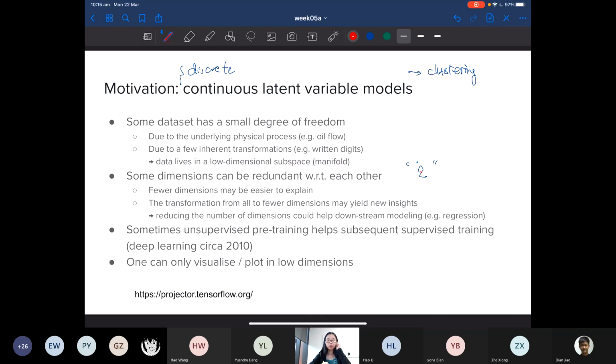And then if we know what these fewer dimensions are, they can make the data set easier to explain. And if we can examine the transformations, then it will help us interpret what's happening with the data set. Moreover, reducing the number of dimensions would help downstream modeling and visualization tasks.